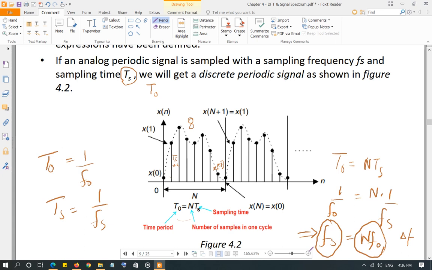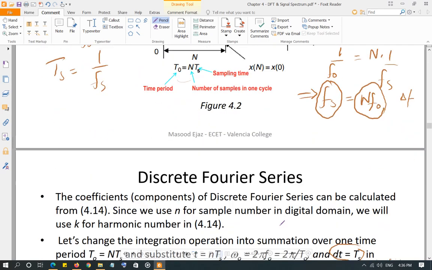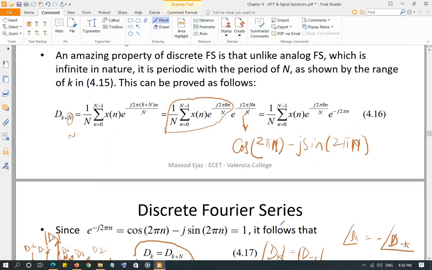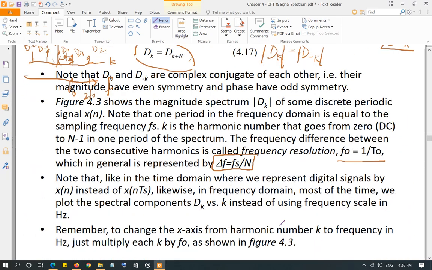So you will see better what frequency components are included in the signal if your frequency resolution is sharp, that is small. If the frequency resolution is large, it's possible you may miss some of the frequency components that are part of that signal. So delta f is the frequency resolution.